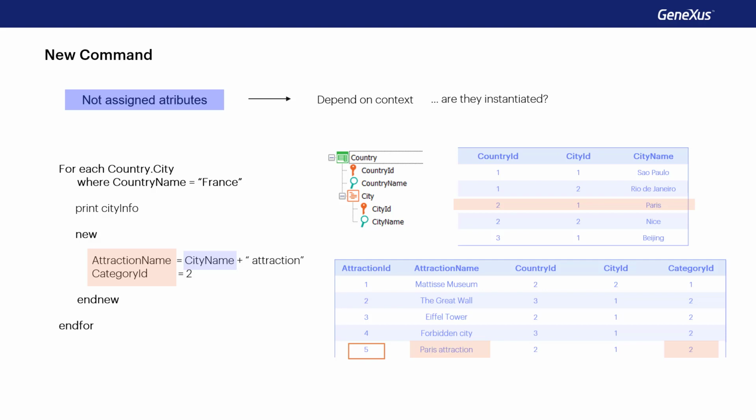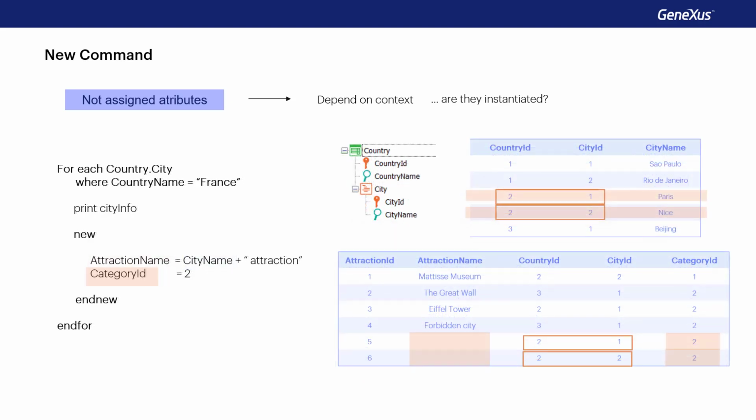So if attraction ID is auto-numbered, then when the record is inserted, the database will give the next one to the last number. However, country ID and city ID are instantiated in the context. Therefore, they'll be assigned this context value. In this case, the country and city in which we're positioned in the for each. And then the same will happen for the next city in the for each.